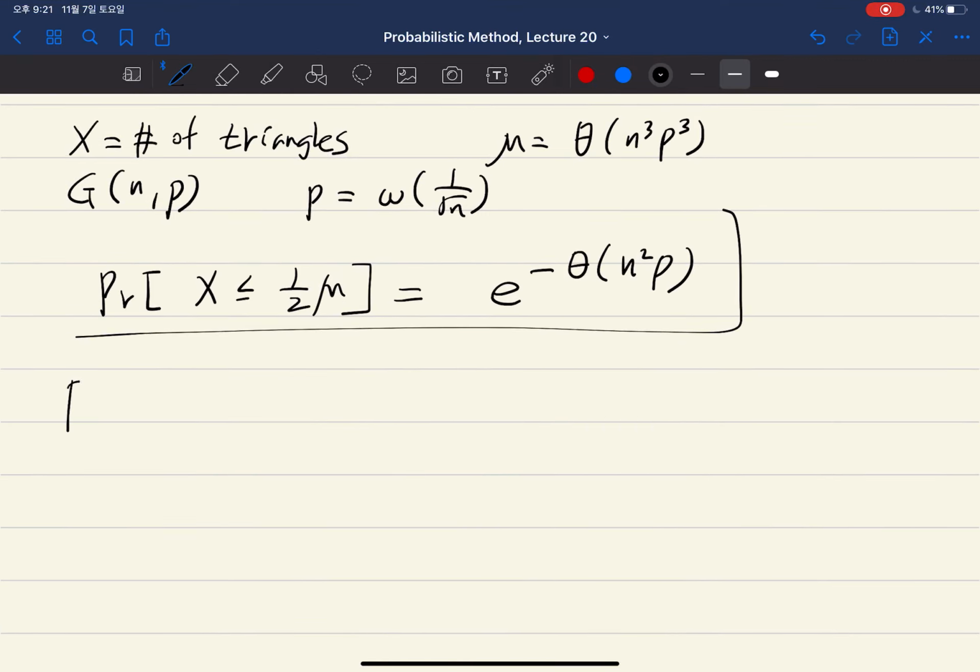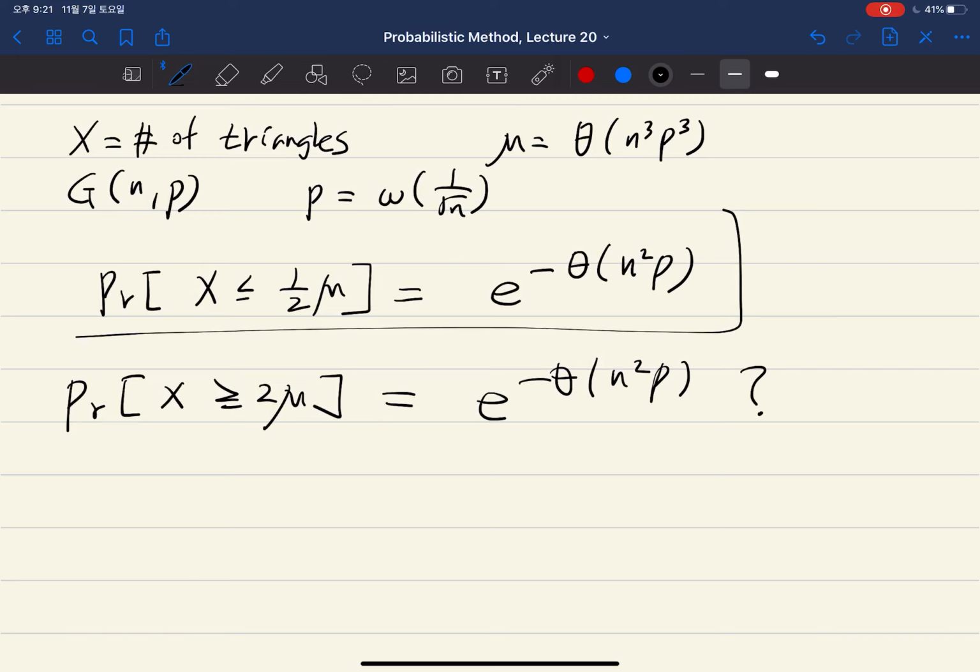But can we bound the upper tail with a similar bound? The answer is no.